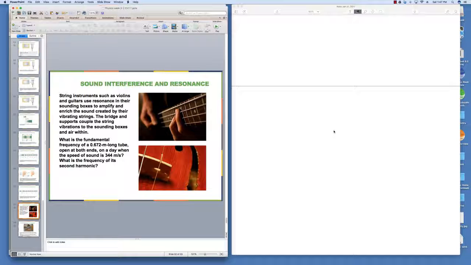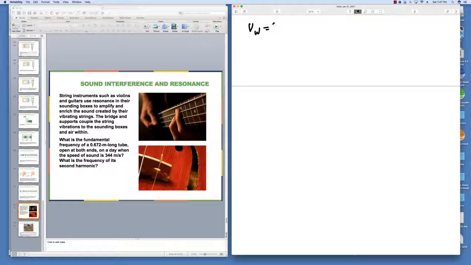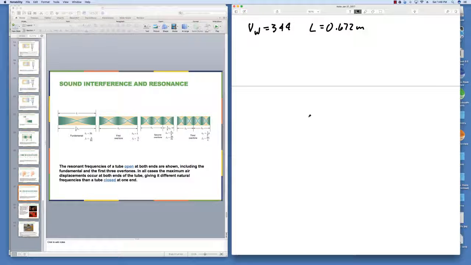So first of all, we need to write down that the velocity of sound here is given as 344. The tube length is given as 0.672 meters. We are dealing with an open tube here. Therefore, we have to use the formula for the open tube, which is shown right here.